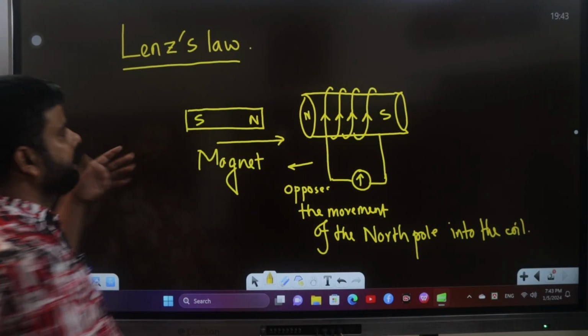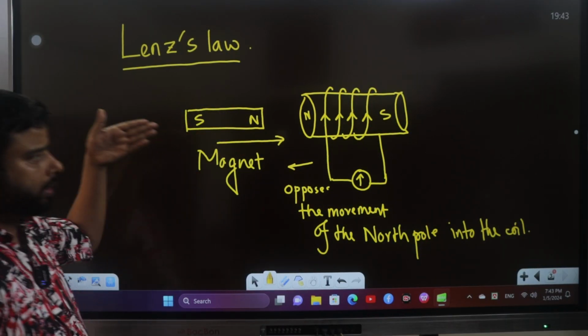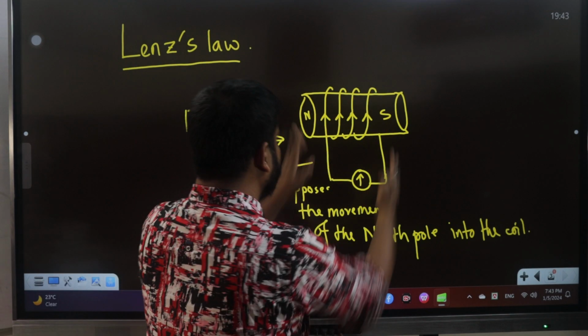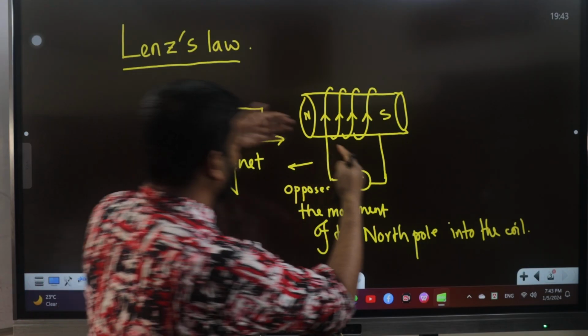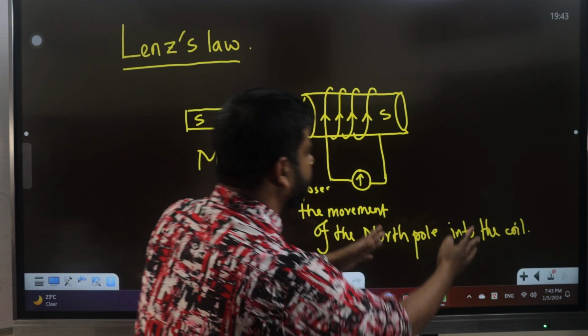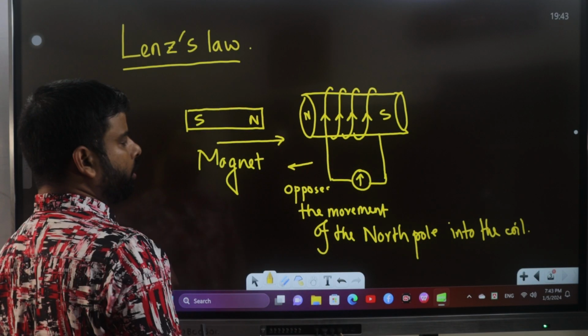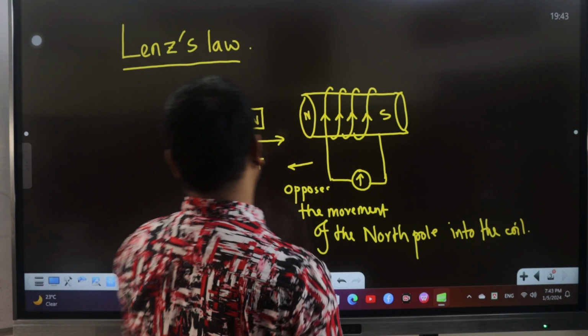When this north pole of the magnet tries to move into the coil, the direction of the current will be such that it opposes that movement.